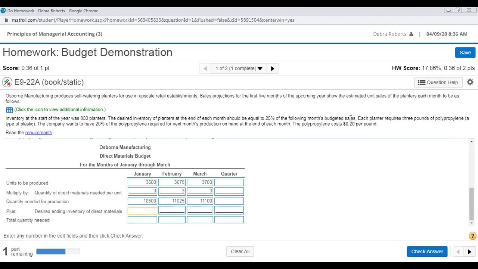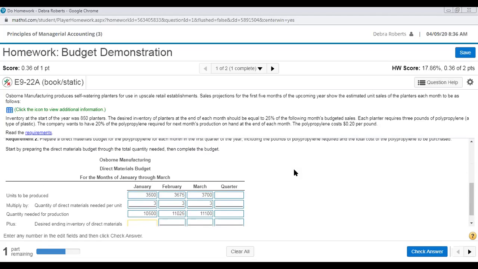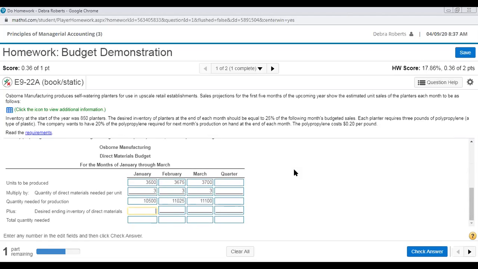And we've got, let's see, go back to this here. Our next month's production. So what's going to be our next month's production for our inventory?